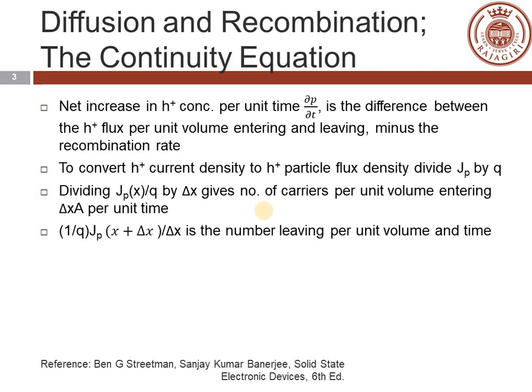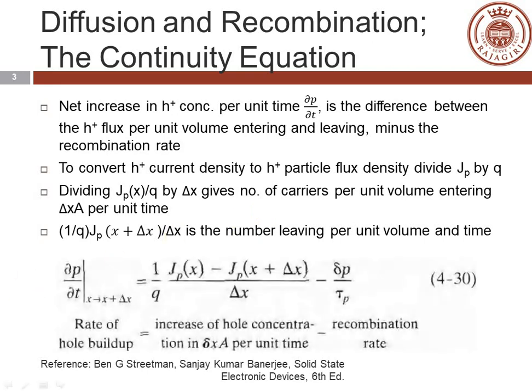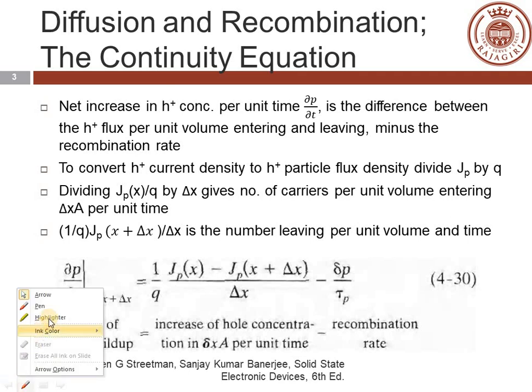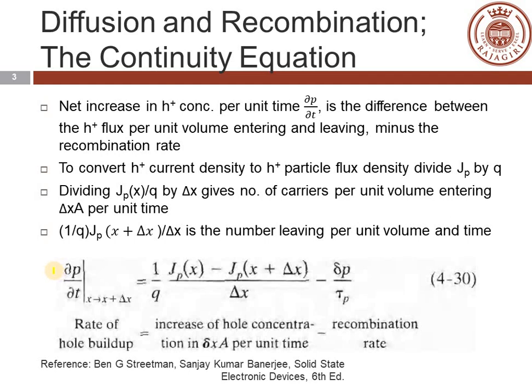So mathematically we can write it like this: the net increase in hole concentration per unit time, that is dou p by dou t, when our holes are moving from x to x plus delta x, is given by the change in carrier concentration, which is the number of holes entering minus the number of holes leaving at that particular volume, minus the recombination rate.